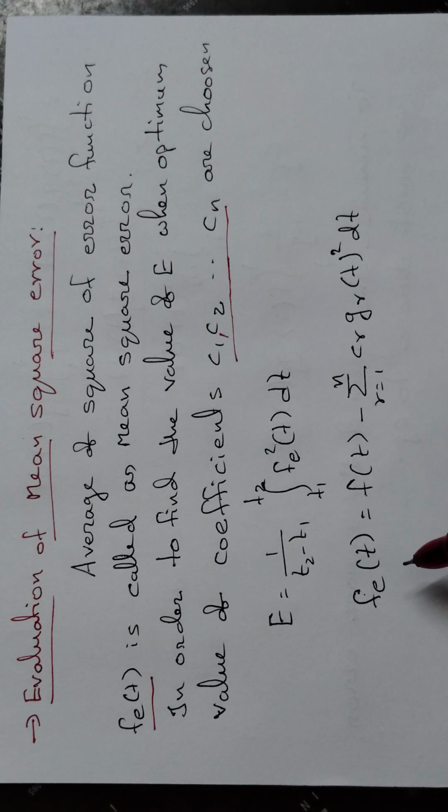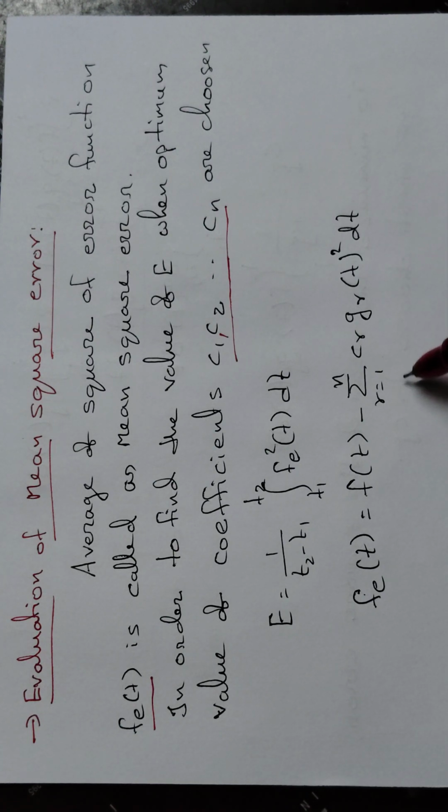We already know the error function fe of t. In signals, we have found the orthogonality of two signals, and in those we have seen fe of t, the error signal. So the error signal is equal to f of t minus summation r is equal to 1 to n cr gr of t, whole square into dt.